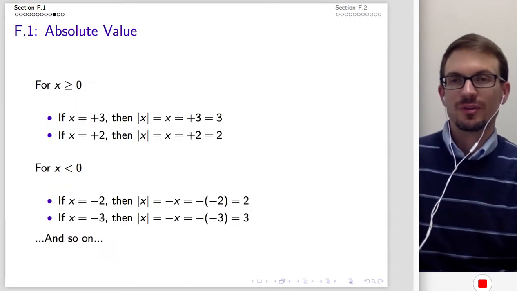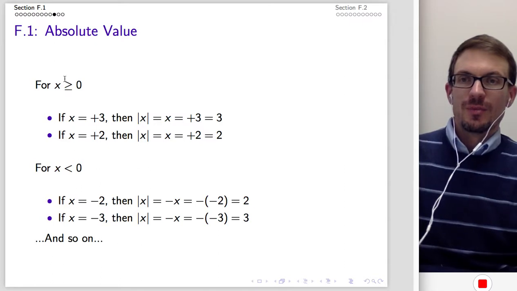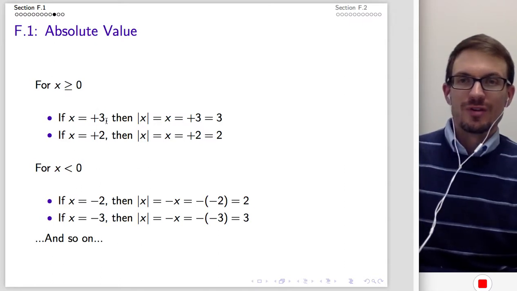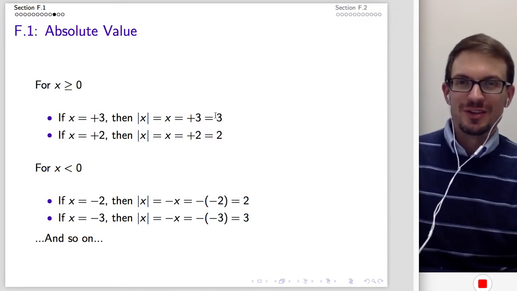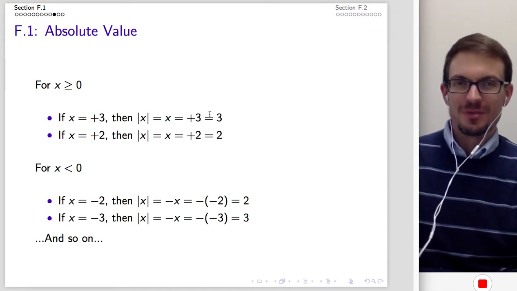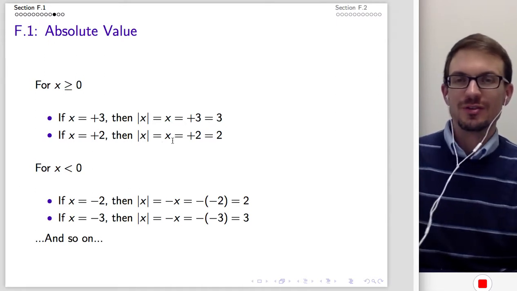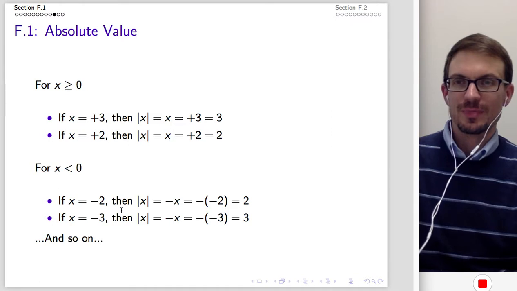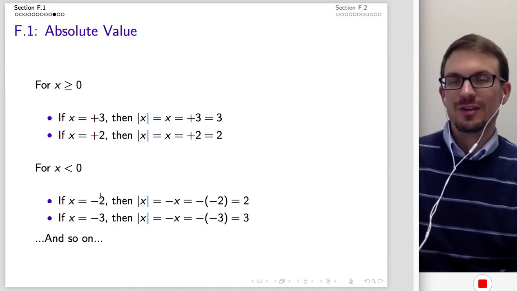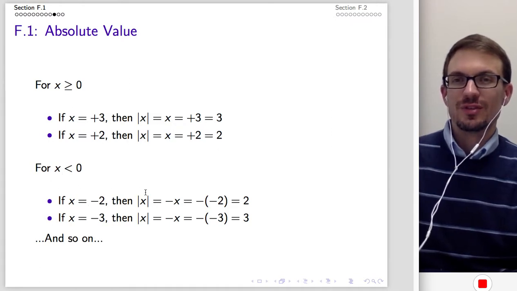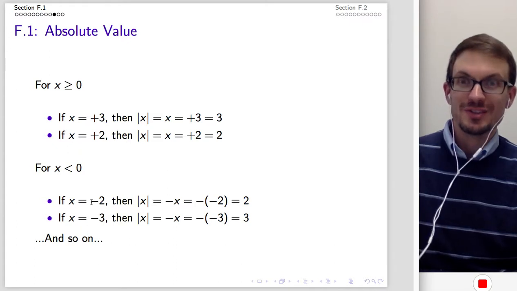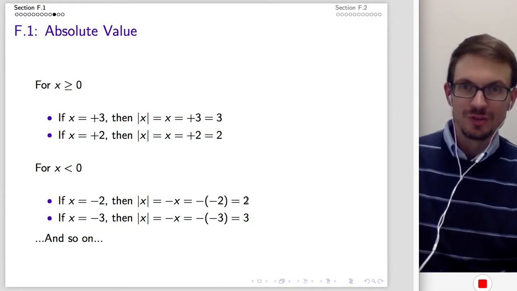So let's think about this a little bit more. For positive x values, whatever that value is, the absolute value of positive 3 is just 3, and the absolute value of positive 2 is just positive 2. Or what if x is negative? The absolute value of minus 2 is its opposite, minus a minus 2, which is positive.